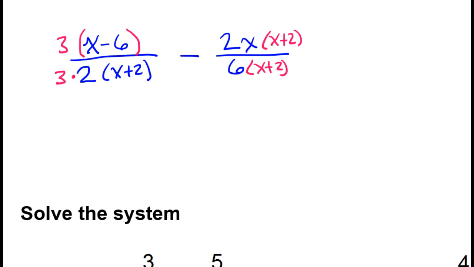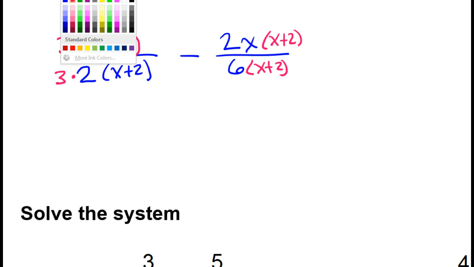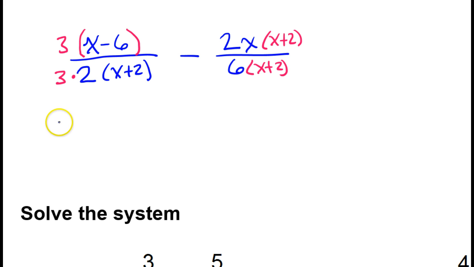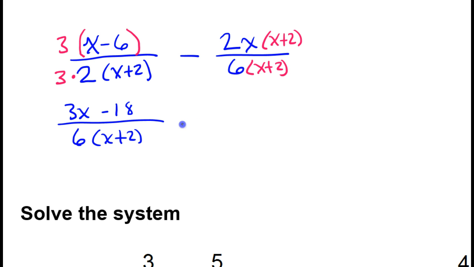So let me just scroll down and do some distribution. On my next level here, I'm going to have 3x minus 18 over 6 times x plus 2. I'm going to distribute here as well.